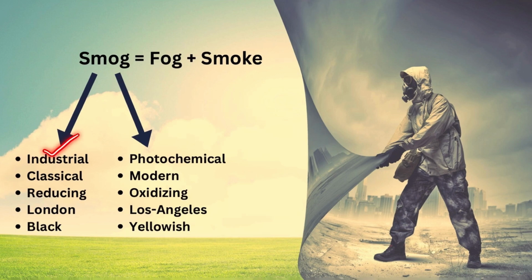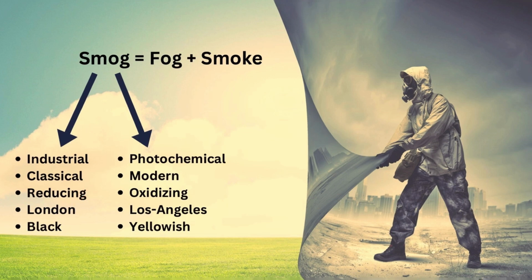The reason for this smog was the emissions from industries. This is called classical smog, as it was in the previous time. Similarly, it was reducing in nature because the contents found in that smog were carbon, oxides of carbon, sulfur dioxide, etc. That is why this smog was reducing in nature.